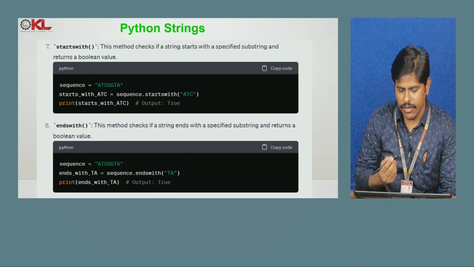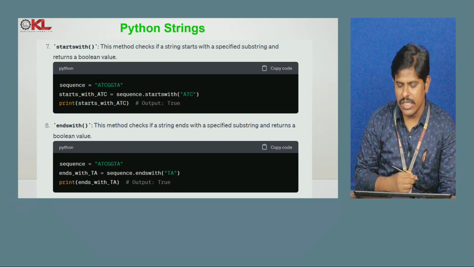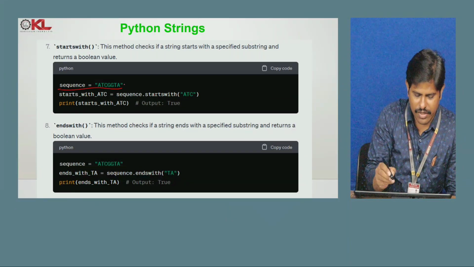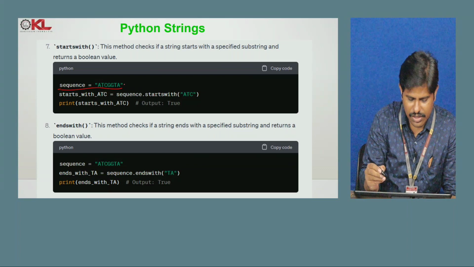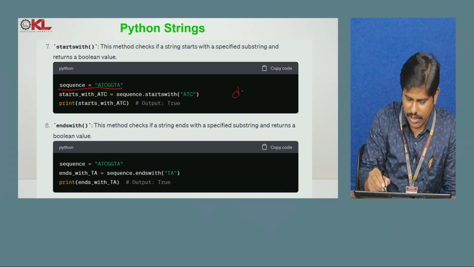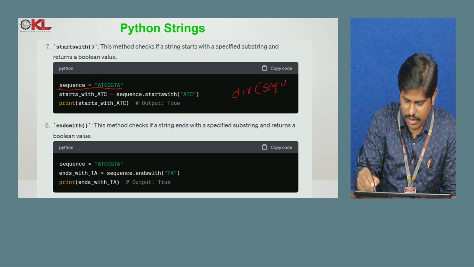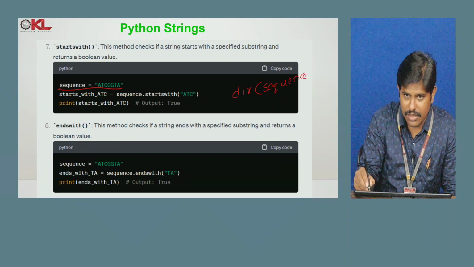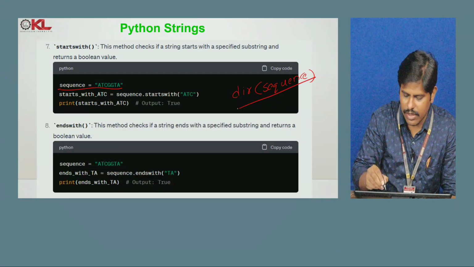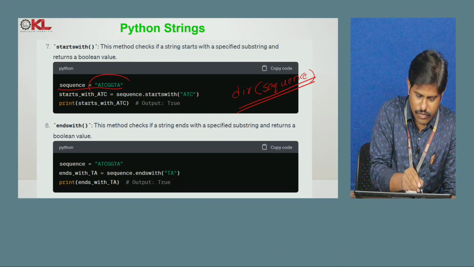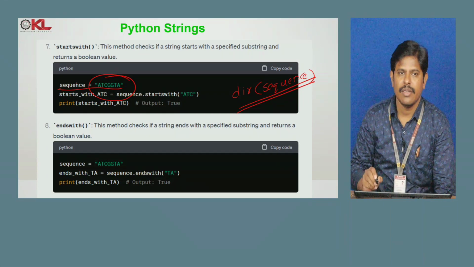To check all of them, simply use the dir function. When I say sequence ATCGGTA and then dir sequence, it lists all the methods available with my DNA string.